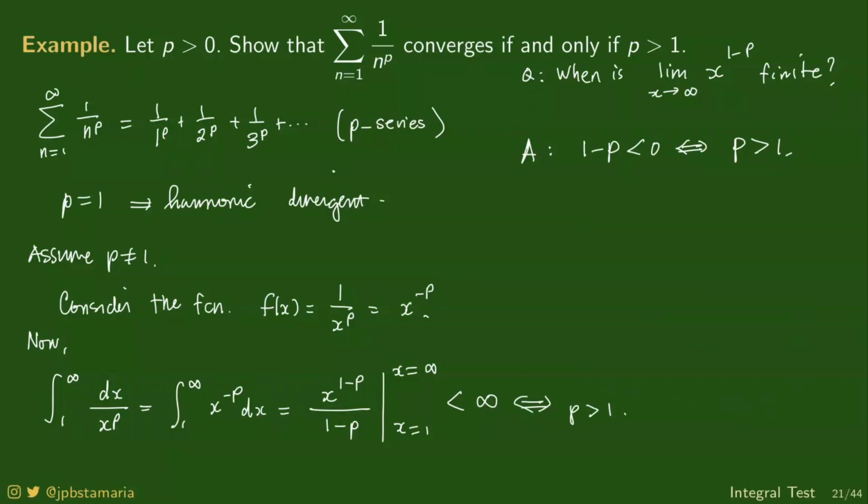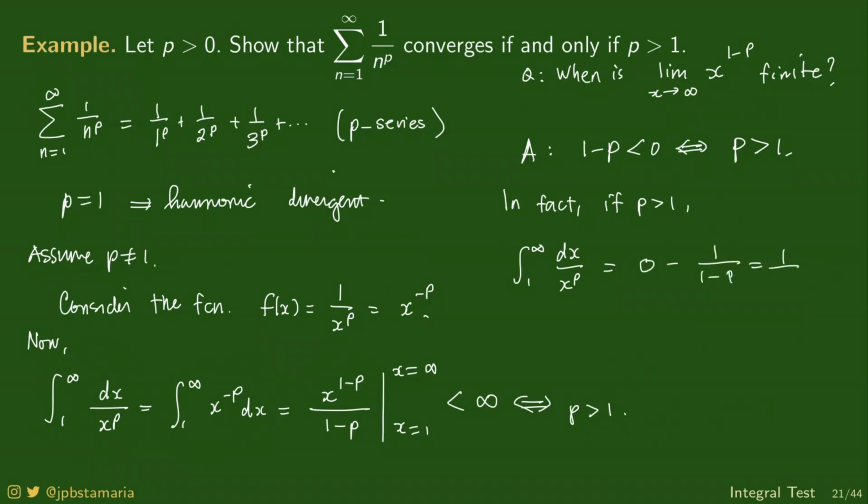You don't need to compute the value, because you gain nothing from it. You just need to know when it is finite and when it is not. But if you are interested in the value, fine. If p is greater than 1, the value at infinity is 0, and at x equals 1 it is 1 over 1 minus p.